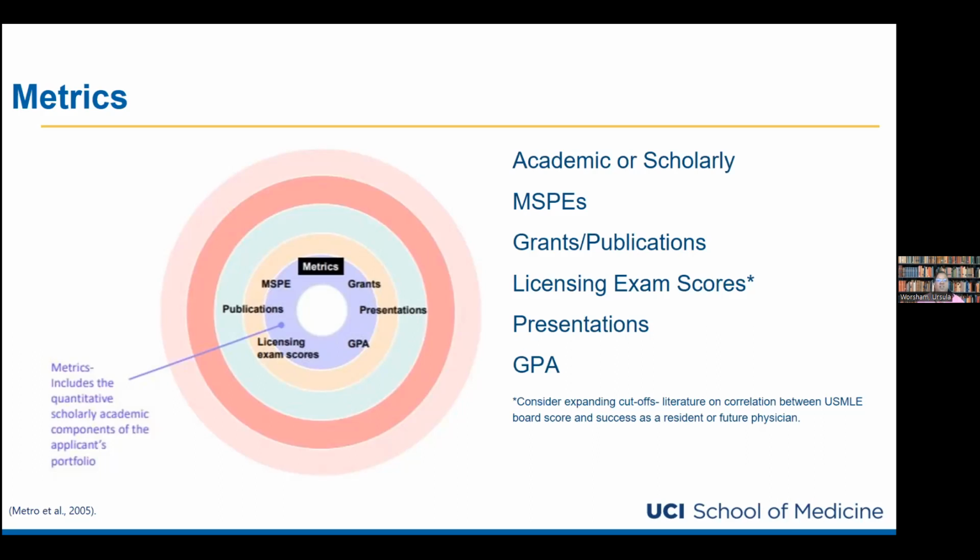As we talked about earlier, it's important to be mindful that these metrics don't overshadow the entire application. This is also a place where biases can come into play, so we need to be mindful not to overemphasize one particular area over another, or overemphasize metrics as opposed to the experiences, attributes, and competencies an individual may bring to the table.